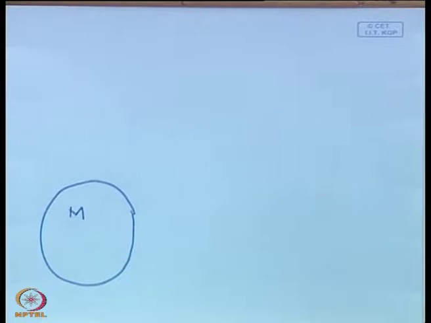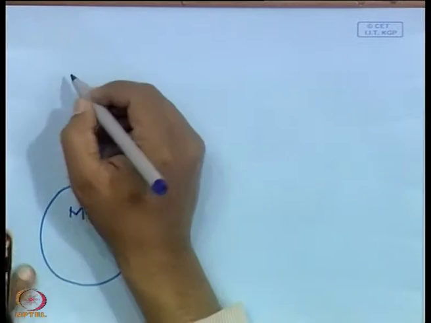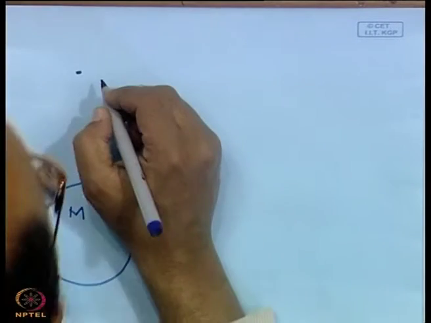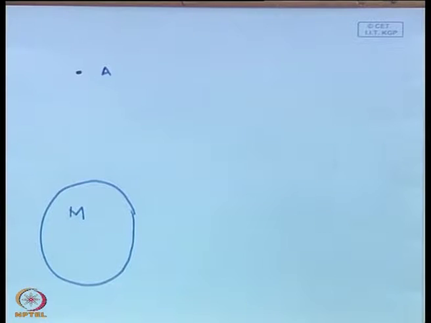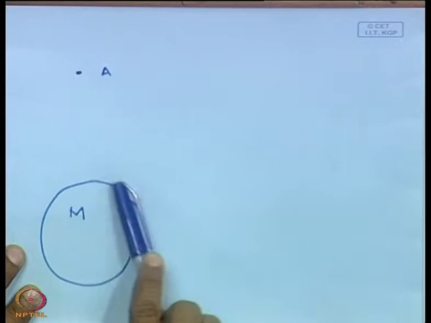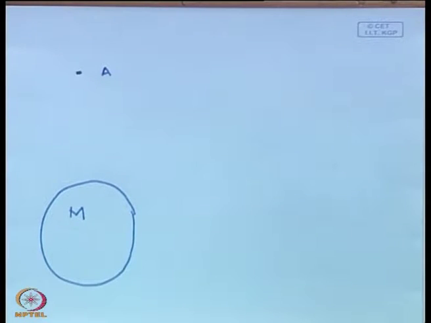and there is a test particle here, let us call it A, which is falling freely in the gravitational field of this massive object.